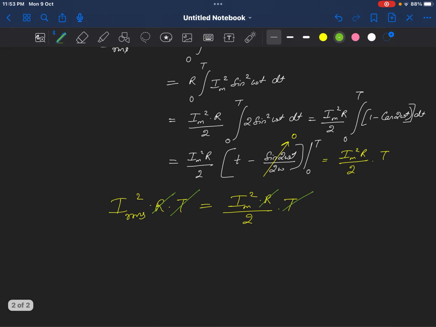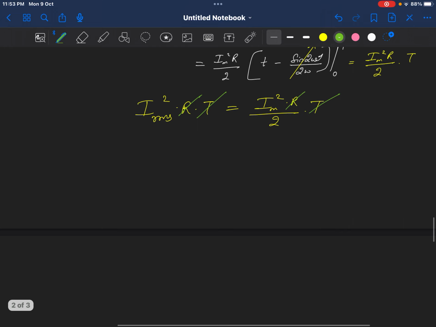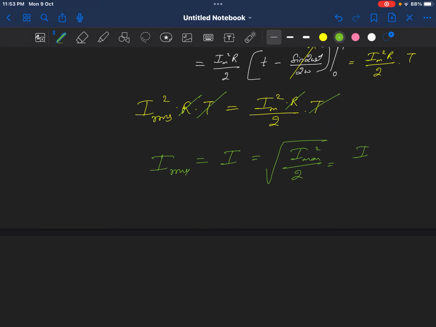What we finally have is Irms, which is also written as a capital letter I, is equal to root over of Imax square by 2, or I can write Im by root 2.